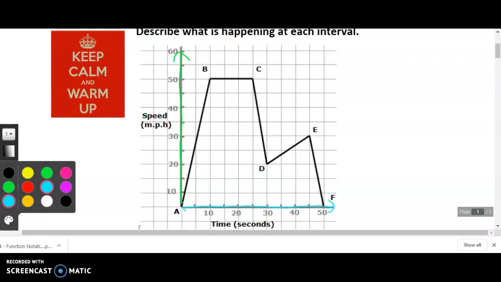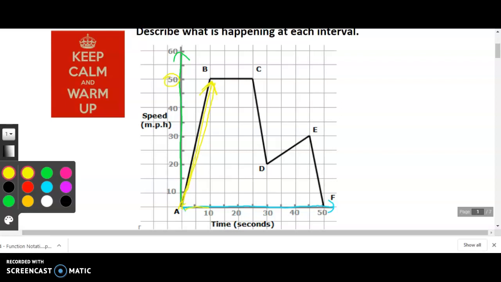From A to B, the speed is going up from 0 to 50 miles per hour, and it's taking 10 seconds. I'm guessing this is a car. I don't think it's a person running, but it could be any type of vehicle.